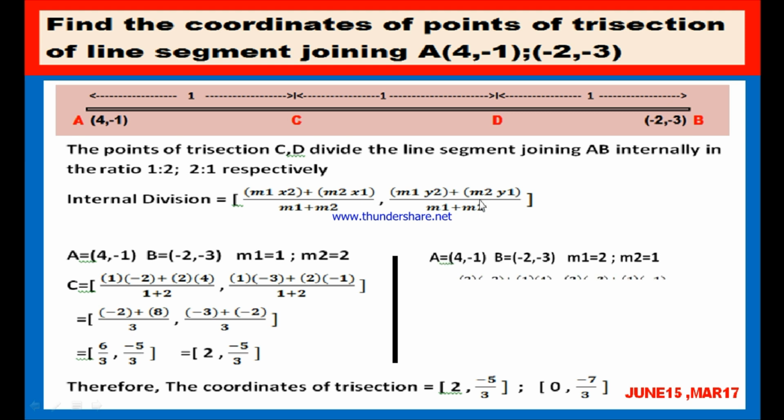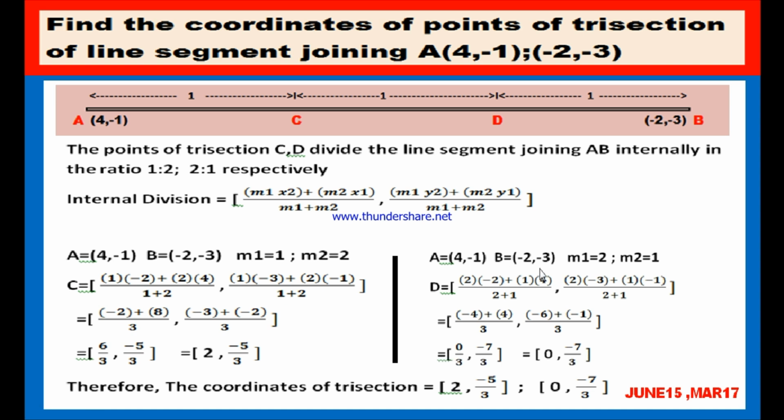In order to find the coordinates of D, again these are the points A and B, and now D divides AB in the ratio 2:1. Therefore m1 is 2 and m2 is 1. D is equal to, again using the same formula, (m1 x2 plus m2 x1) by (m1 plus m2), (m1 y2 plus m2 y1) by (m1 plus m2).